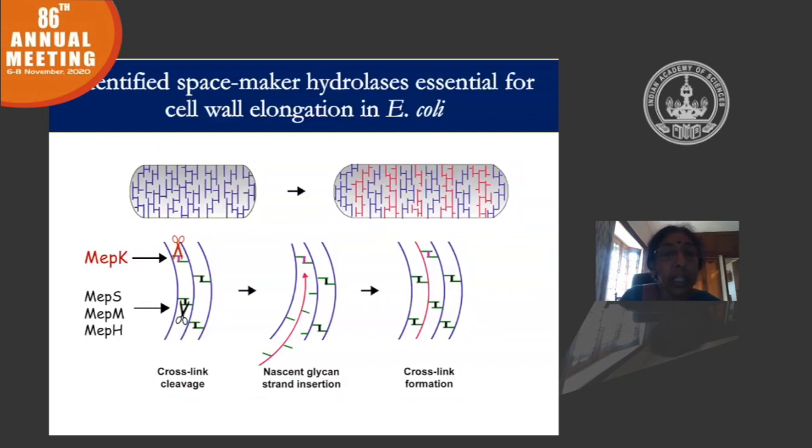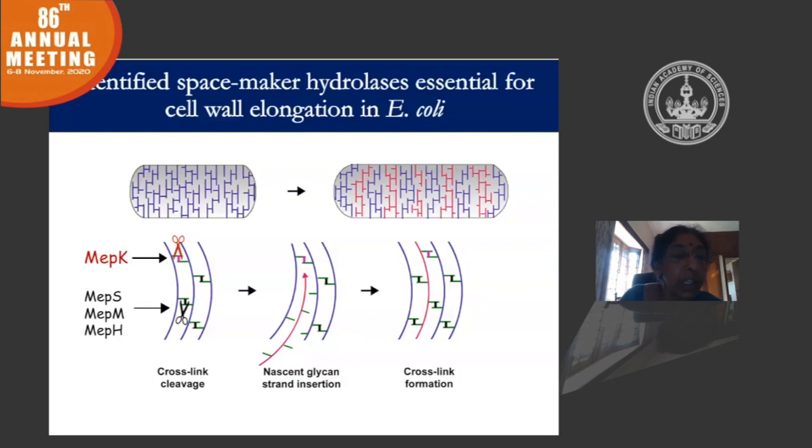The bacterium here is Escherichia coli, an extremely well-studied gram-negative bacterium. Using several genetic and biochemical approaches, which I'm not going to go into detail here, we identified the enzymes which cleave these crosslinks.